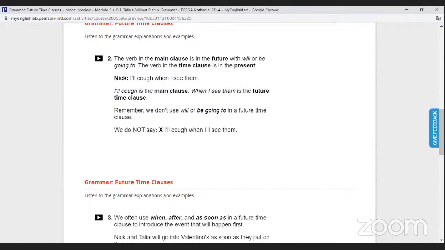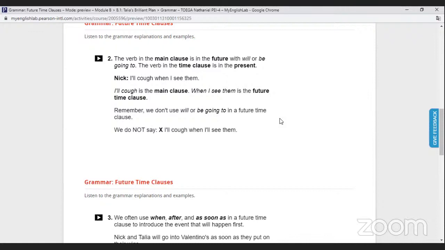Continue, please. I'll call is the main clause. When I see them is the future time clause. Remember, we don't use will or be going to in a future time clause. We do not say, I'll call when I'll see them.